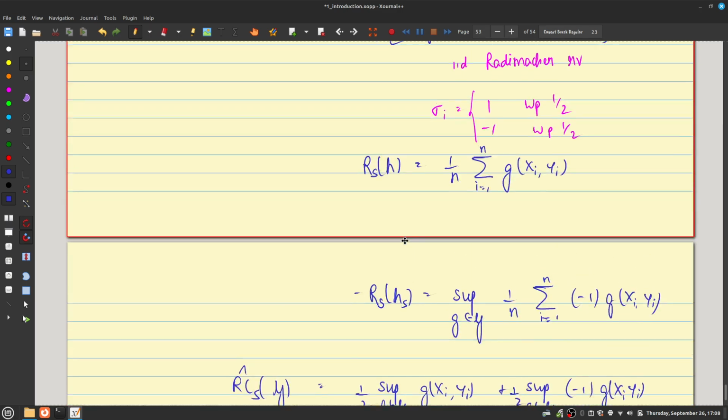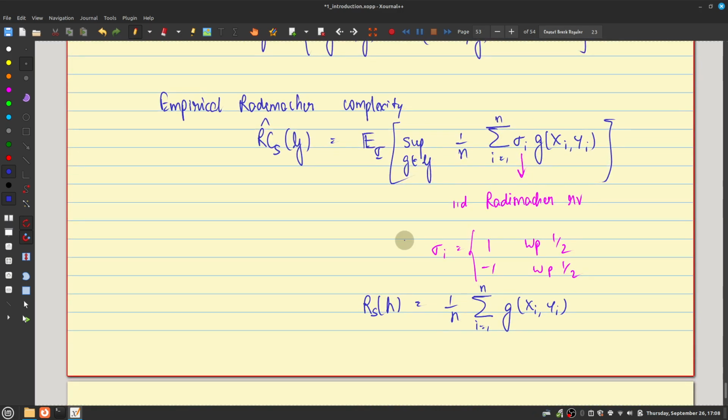Of course we're interested in the regime where n is large, which means for sigma there are 2 to the n possible configurations, and for each configuration the supremum could be different. So computing this is not easy, but it's well defined. That's all that we care about. That's why finding the Rademacher complexity is hard. The VC dimension, on the other hand, is something that is easier to compute in most situations.